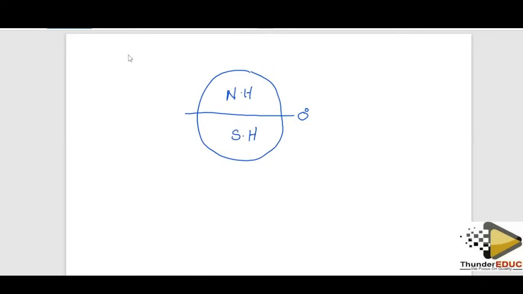What I'm going to do, I'll try to draw a globe. It's a sketch, sorry. Then I indicate this is our major line of latitude, 0 degrees. Then we have the northern hemisphere, and we have the southern hemisphere.